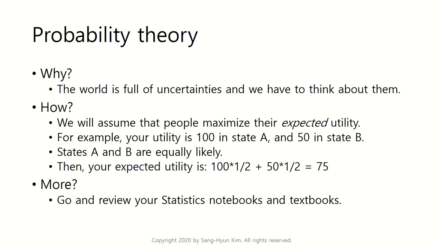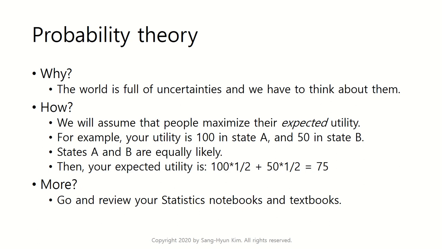For example, your utility is 100 in state A and 50 in state B. And let's say states A and B are equally likely, so state A can happen with probability half, and state B can take place with probability half, equally likely.